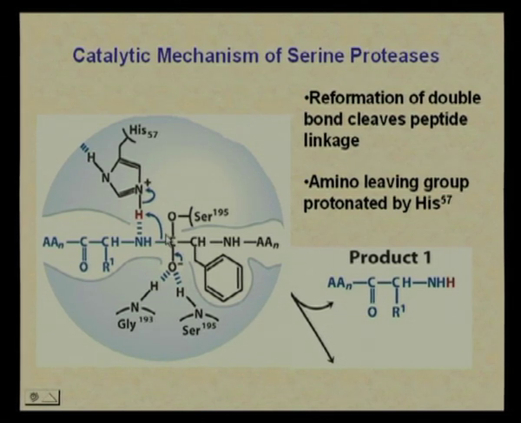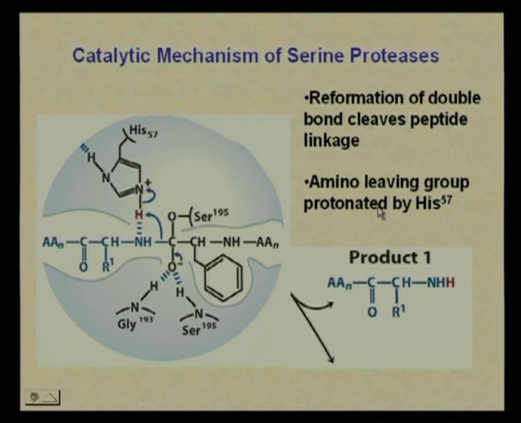But we still have a covalent linkage with serine, right? Serine or the enzyme is still linked to the other part of the polypeptide chain. Now, we have to remove that. So, basically the amino leaving group is protonated by histidine. So, what is histidine acting now as?